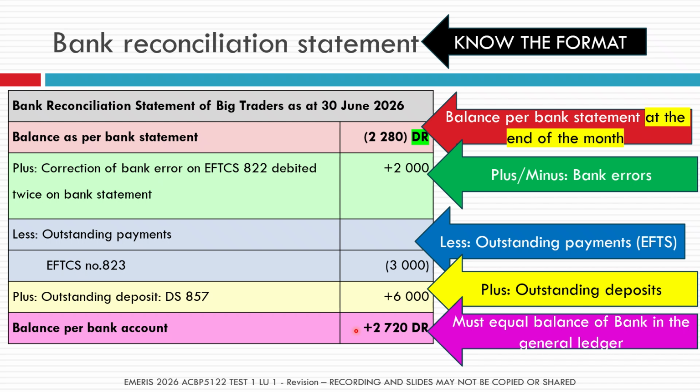And that's how you will calculate 2,720. If you want to, you can pause the video here and just quickly double check the math to see if you are able to arrive at 2,720. And then remember, the big test is if this number equals your balance per the bank account in the general ledger.